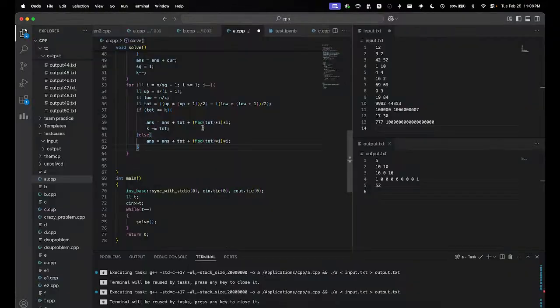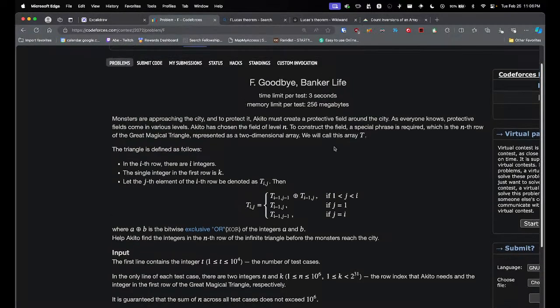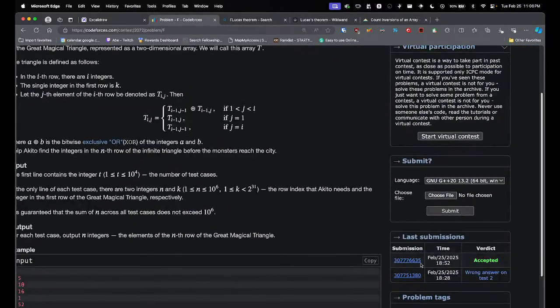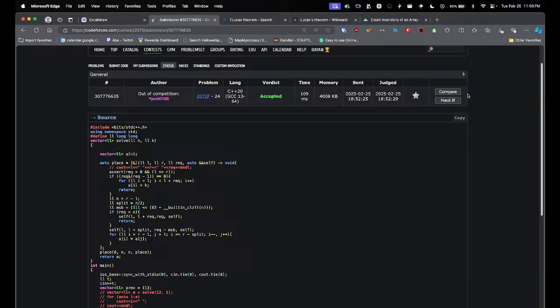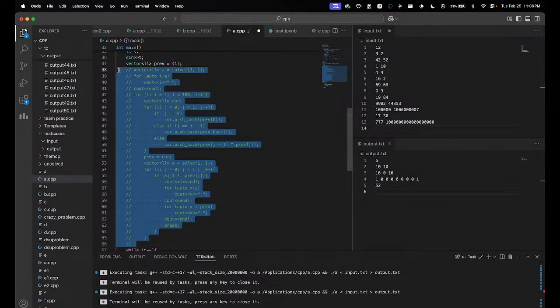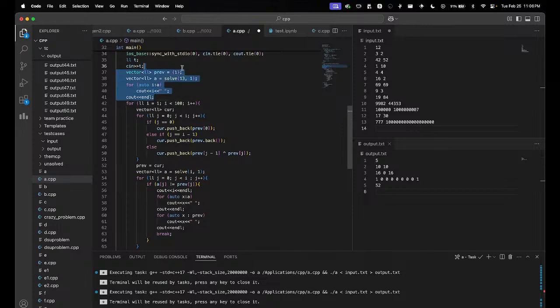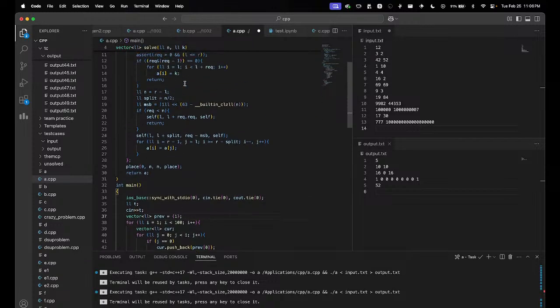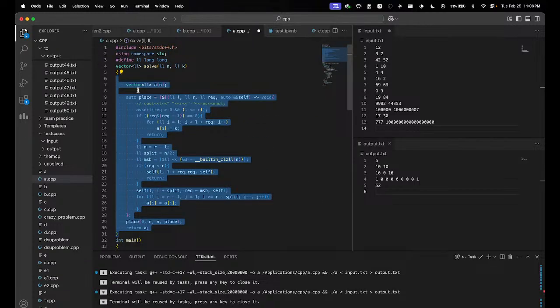So wait. I'll just copy my solution and I'll explain. Okay. So forget the solve function for now.